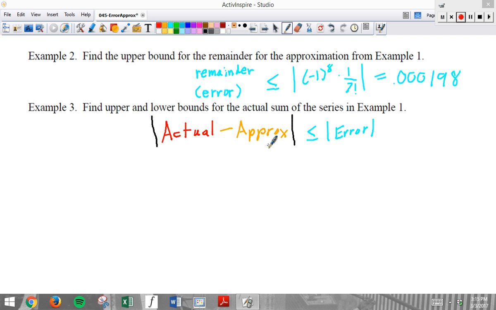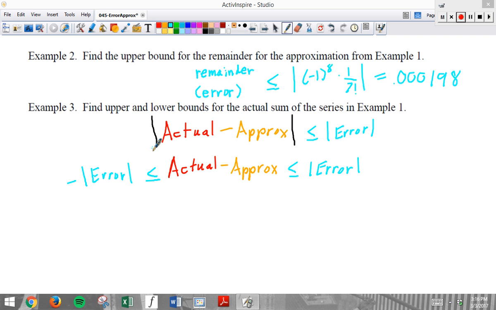To find an upper bound for the actual sum, I could solve for actual here. And I'll do this again with real numbers in case that's helping you. So I know actual minus approximate was less than or equal to the absolute value of the error and greater than or equal to minus the absolute value of the error.